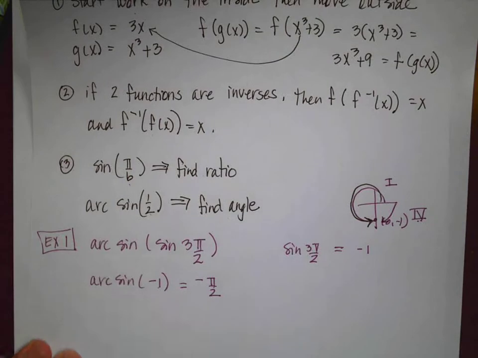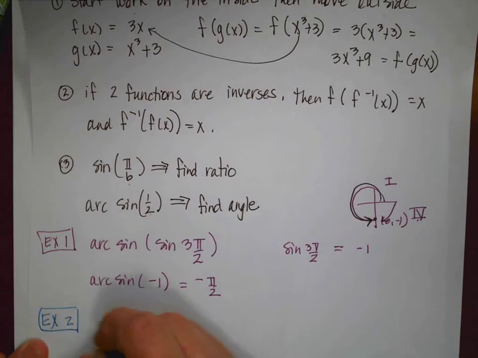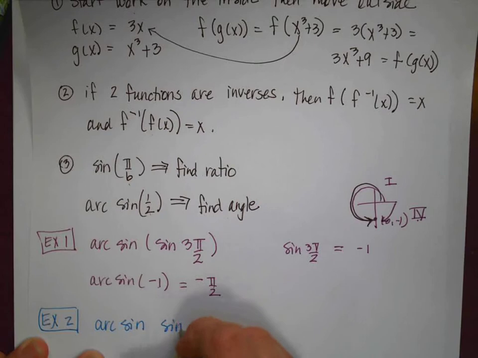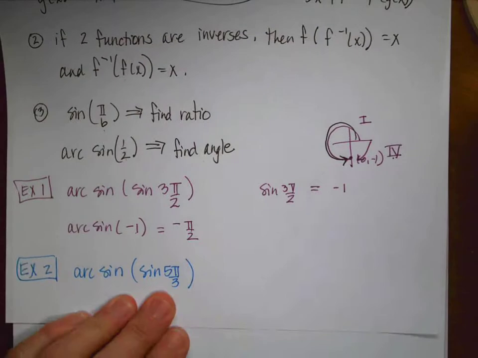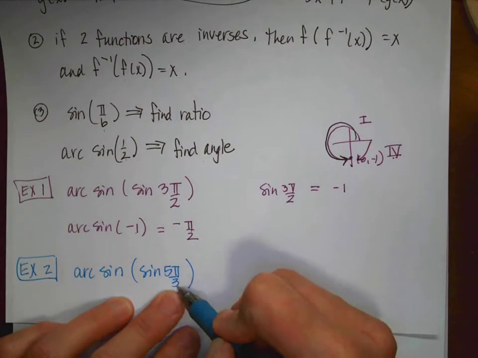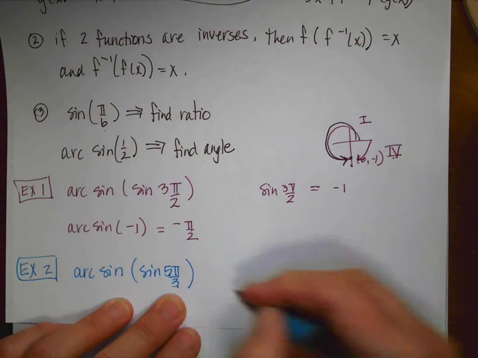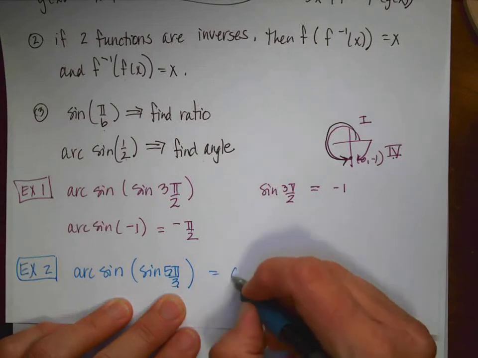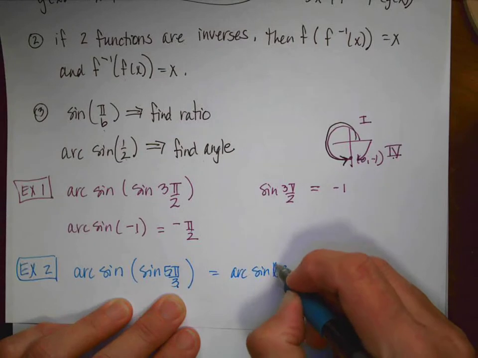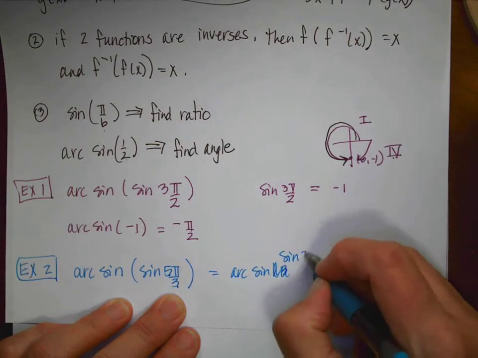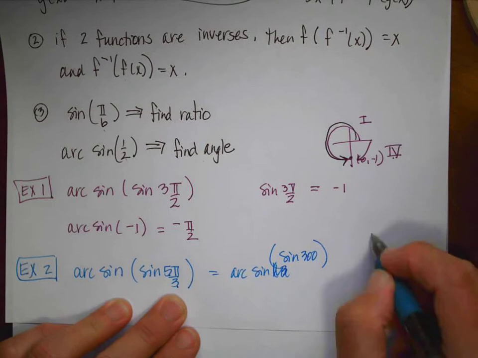The next example, example number 2, says find the arc sine of the sine of 5 pi over 3, okay? Again, I start on the inside, and I'm going to draw my pictures. Pi over 3 is 60 degrees, times 5 is going to be 300, so I want the arc sine of the sine of 300, okay?